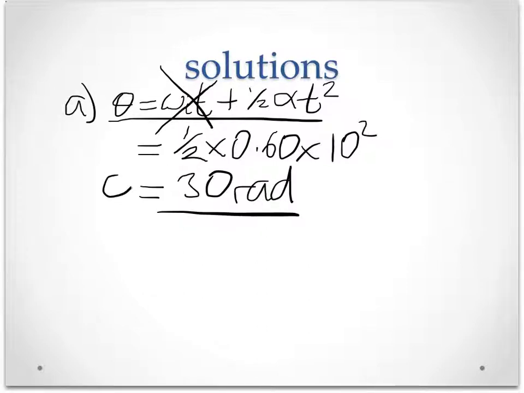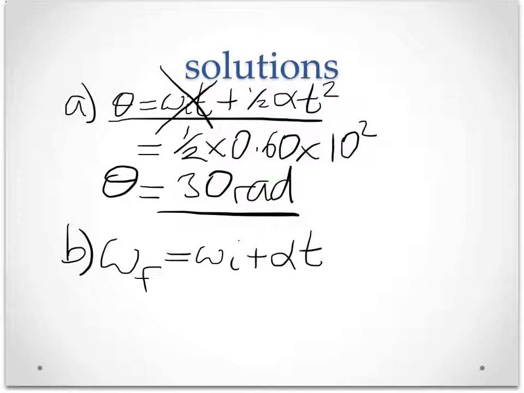for the angular displacement. Then for part B, the equation you should have used is this one, the most straightforward one. The final angular velocity, omega f, equals omega i, the initial angular velocity, plus the angular acceleration alpha times time.